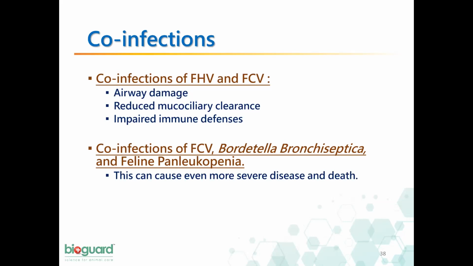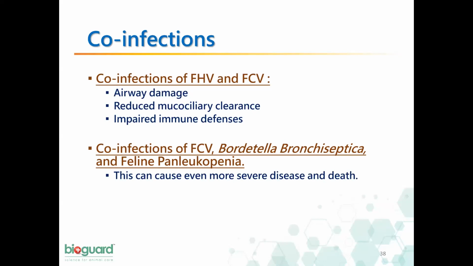Since both are respiratory diseases, they will cause airway damage to the cat, and also reduce mucociliary clearance because of the nasal discharge and other ocular issues. And also in chronic cases, it will have impaired immune defenses, which will cause more severe problems in cats.